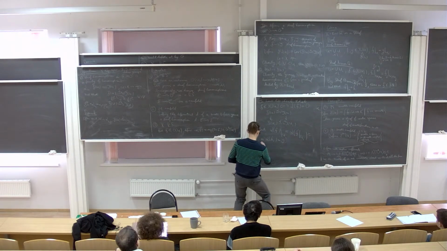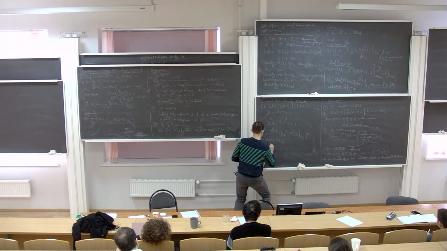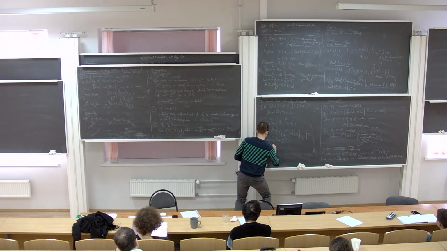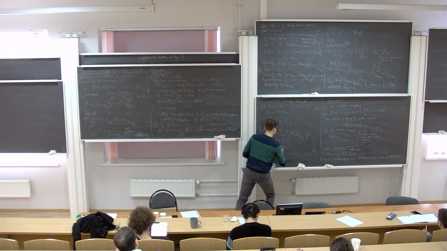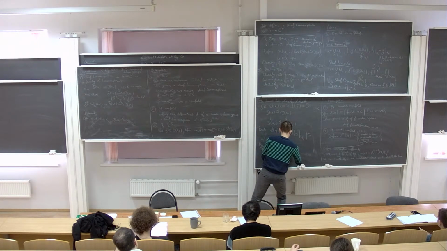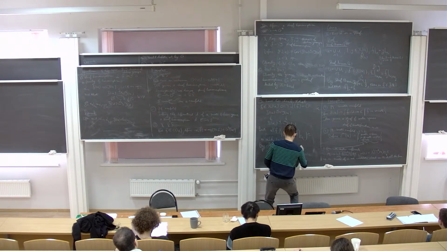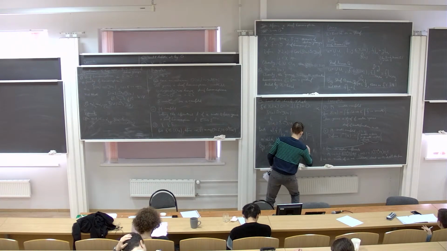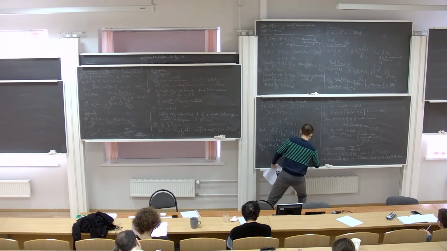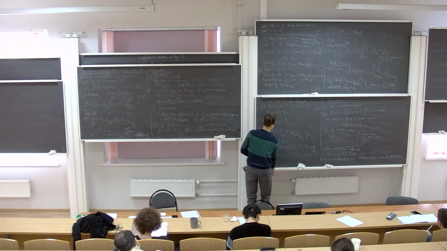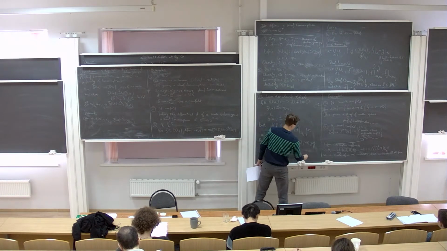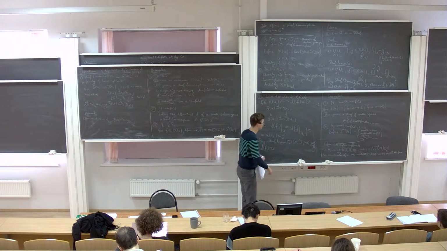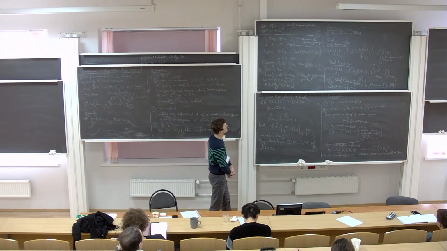So by sheaf axiom 1 for Y, we get that alpha f is 0. So this is the proof.